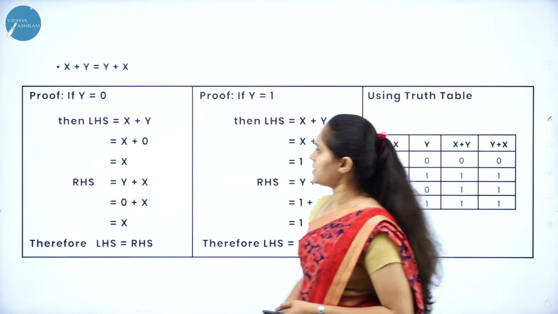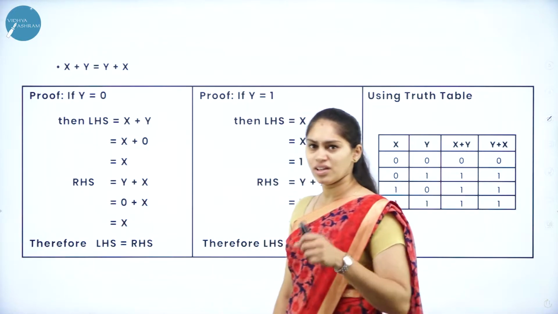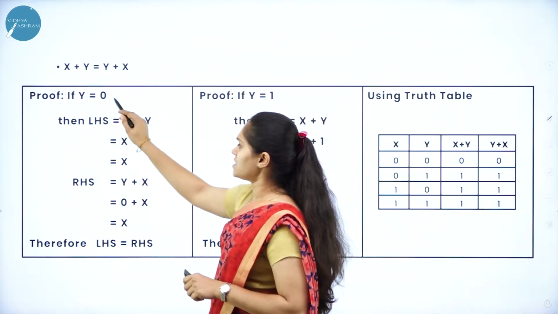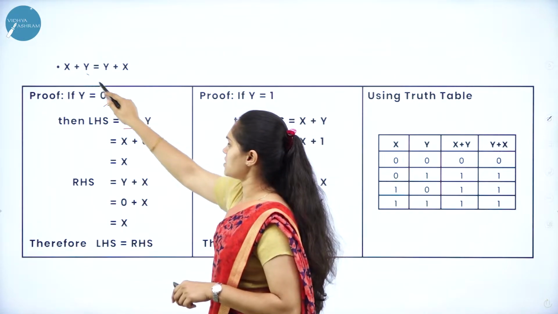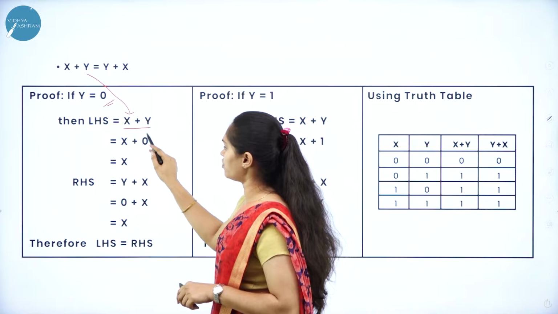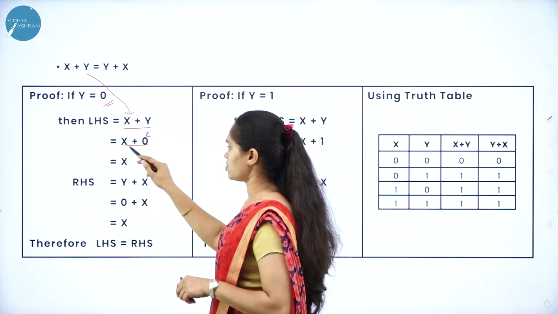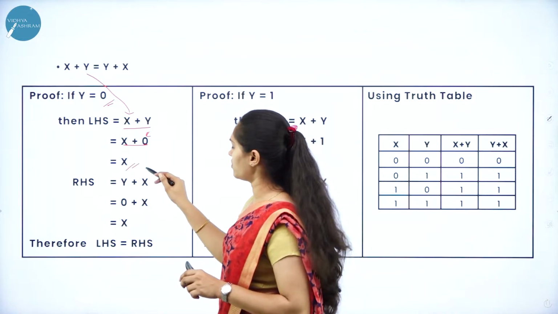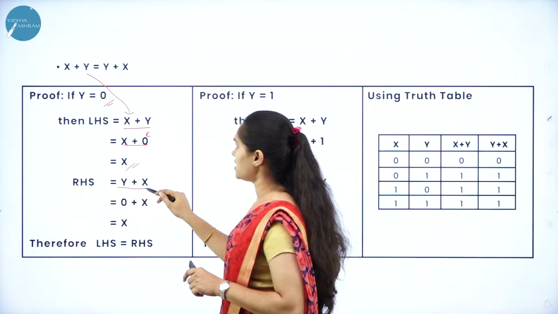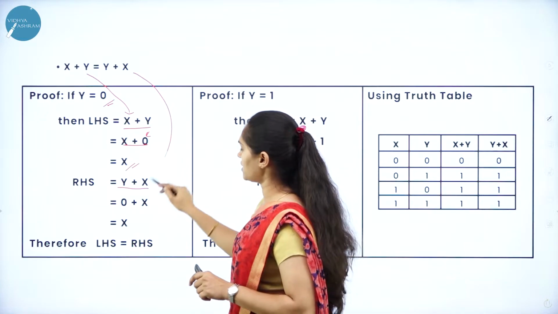That is what we have to prove with a truth table. So we'll see x plus y is equal to y plus x. In this, how are we supposed to solve? Consider the y value as 0 here. After that, LHS is x plus y. In the place of y, take 0, x plus 0. If I add any number with 0, then it will be that variable. That is what we got, x. Then y plus x, that means you take this RHS.